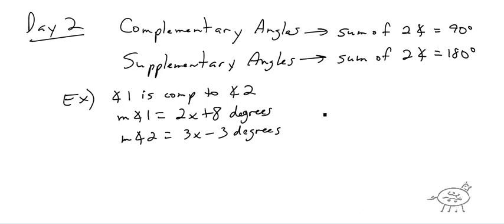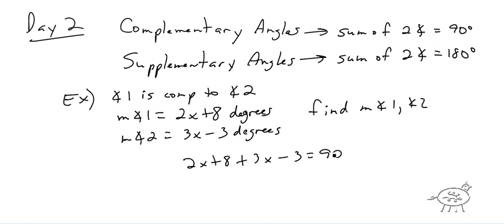Find the measurement of angle 1 and angle 2. The only tricky thing is don't set them equal to each other, because they're not equal. They're complementary. So you're just going to do 2x plus 8 plus 3x minus 3 equals 90. So 5x plus 5 equals 90, 5x equals 85, so x is equal to 17.